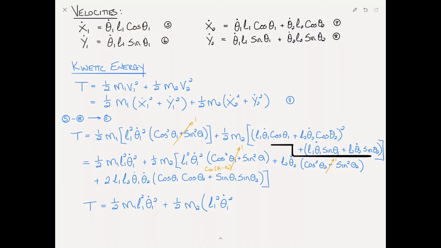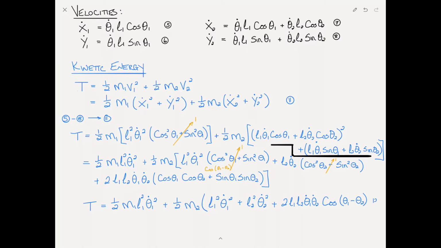All right, so 1/2 m1 L1 squared theta 1 dot squared plus 1/2 m2 times (L1 squared theta 1 dot squared plus L2 squared theta 2 dot squared plus this cross term 2 L1 L2 theta 1 dot theta 2 dot times cosine, this is the double angle, theta 1 minus theta 2).